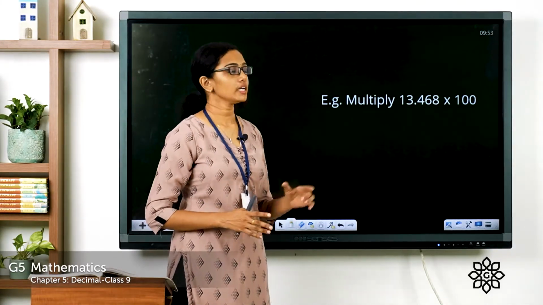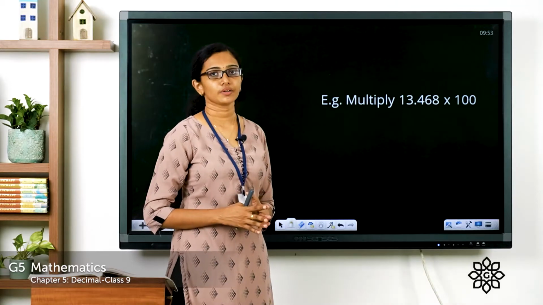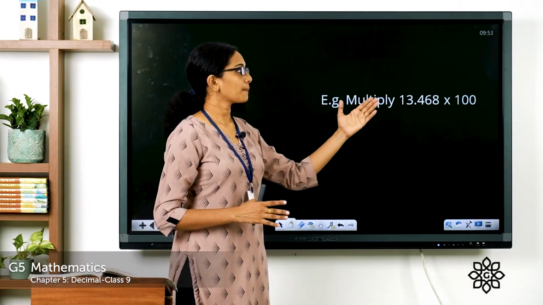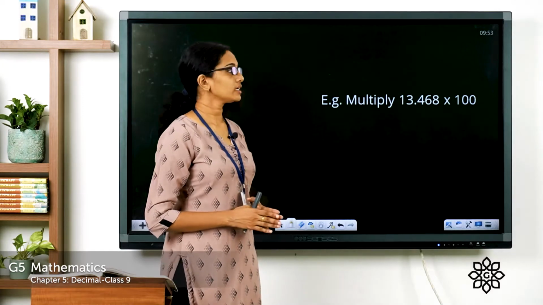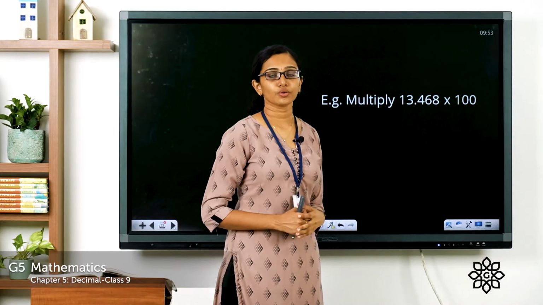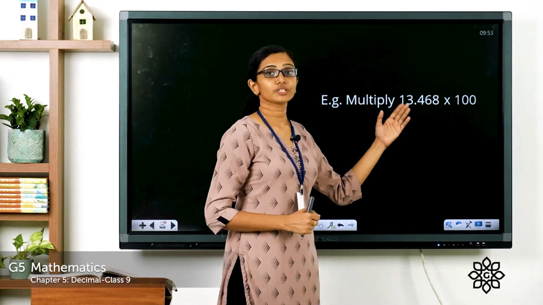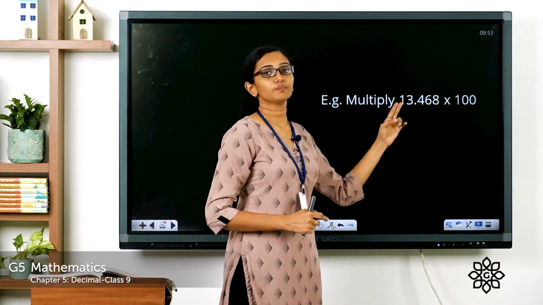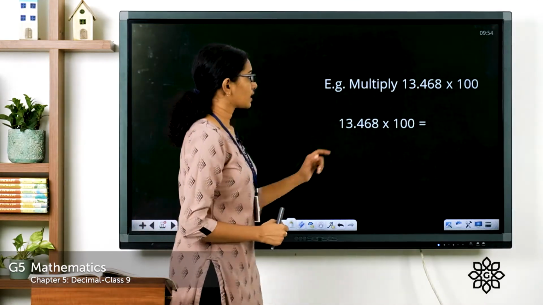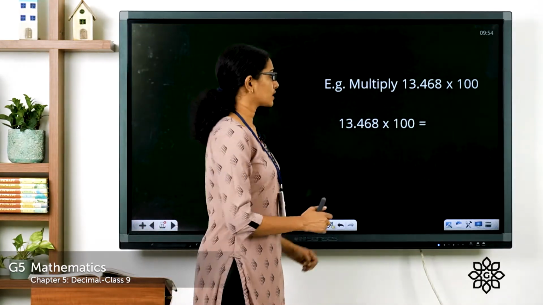Multiply 13.468 by 100. Here you have to multiply the given decimal number by 100. And how many zeros are there in 100? There are 2 zeros in 100. So you have to shift the decimal point 2 places to the right. So what do we get when you shift the decimal point 2 places to the right?